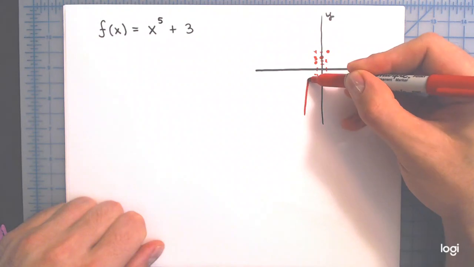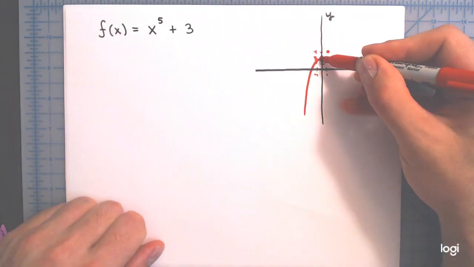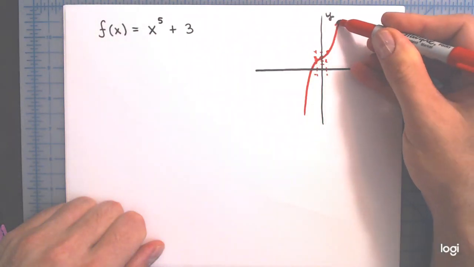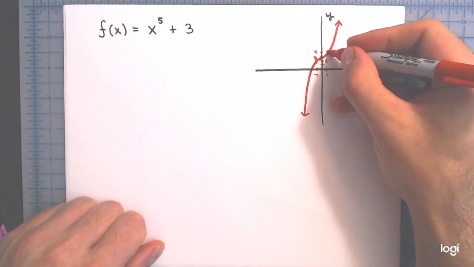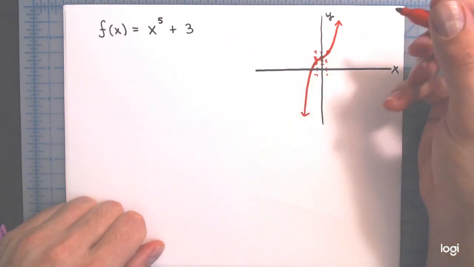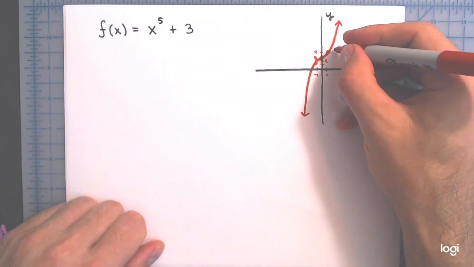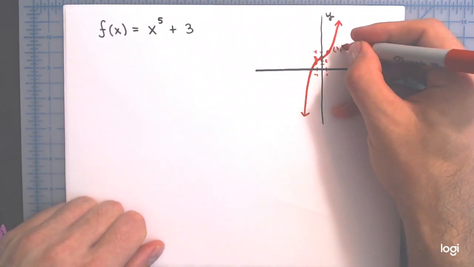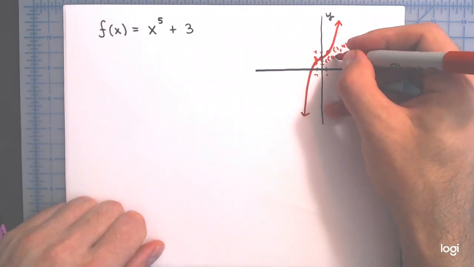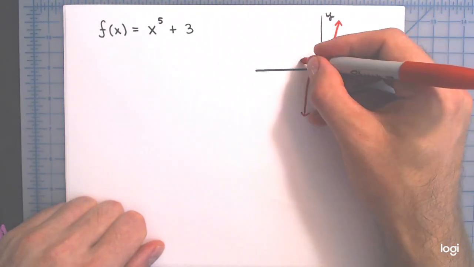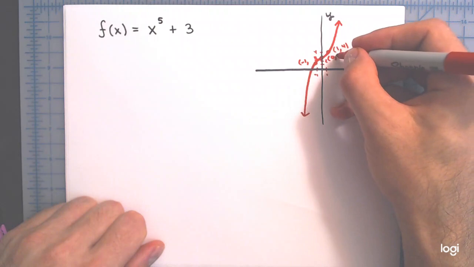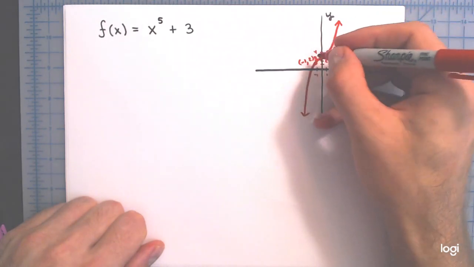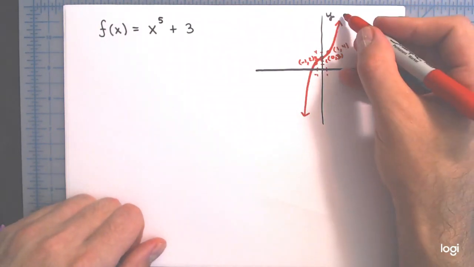Be very flat here and run through all these points and look something like this. Again, this isn't great. It's a hand drawing. If you want to put it on a calculator or something, be my guest. So there's the point 1, 4. Here's the point 0, 3, and the point -1, 2. And that's function f.